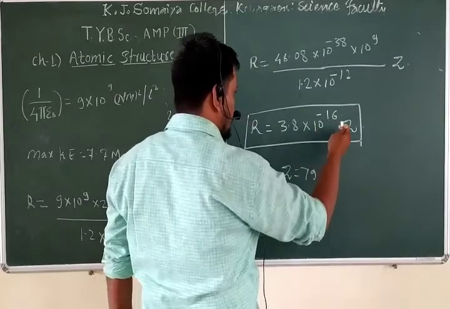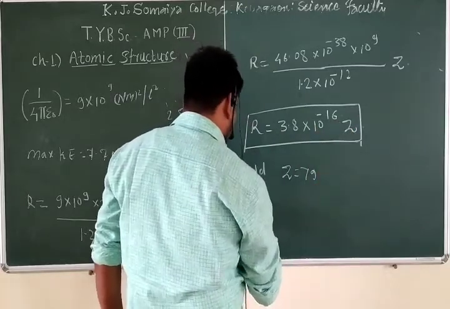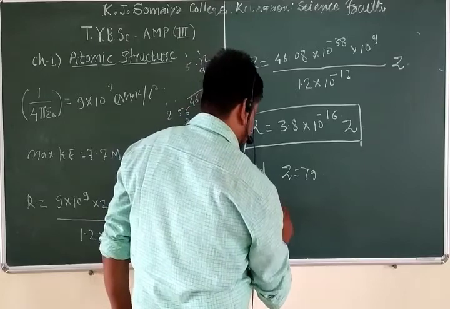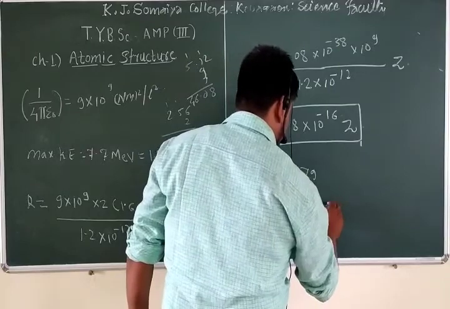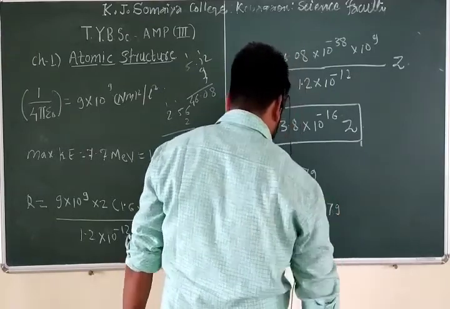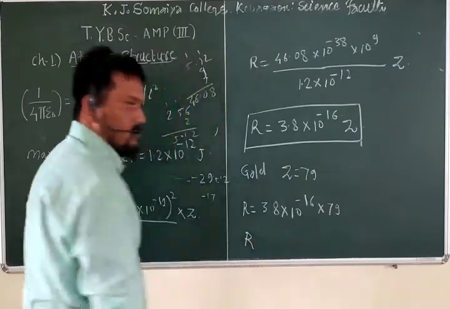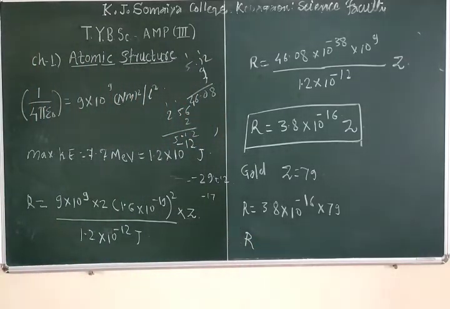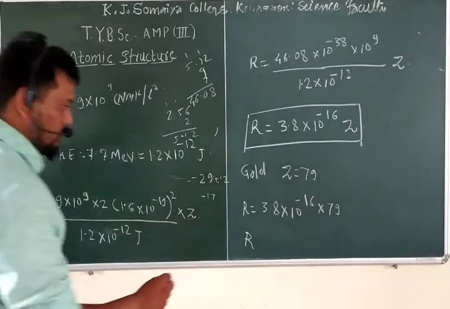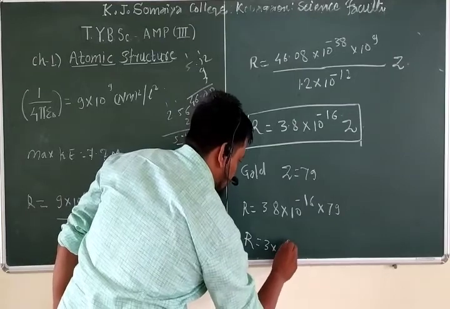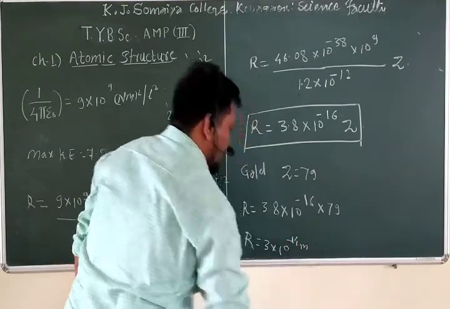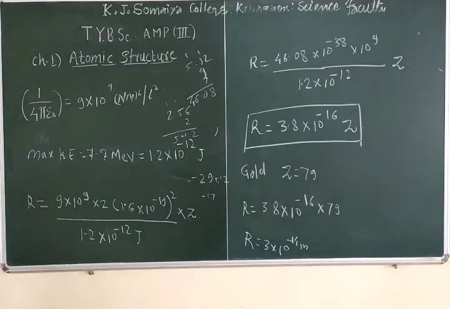Putting this value in, R is equal to 3.8 × 10^-16 × 79, which directly gives R is equal to about 3 × 10^-14 meter.